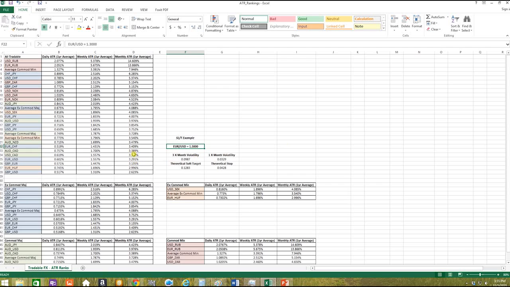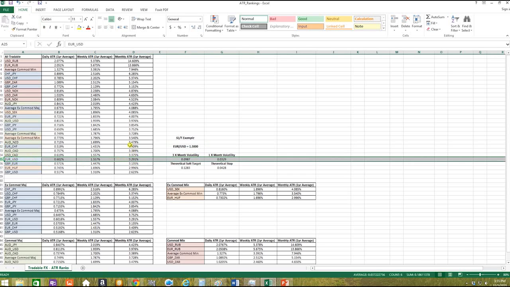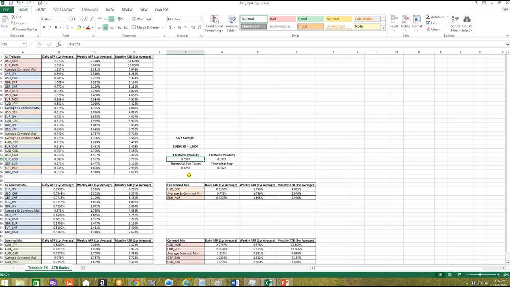So we're going to be referencing the cell here, D25. Now, if we go to this cell here, F25, all we have to do is multiply across by 3 to get our 3 month volatility using our 1 month volatility.